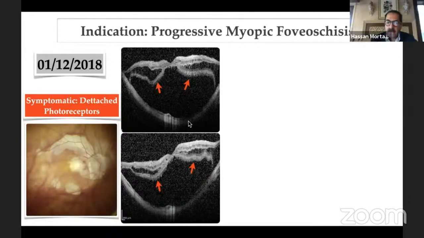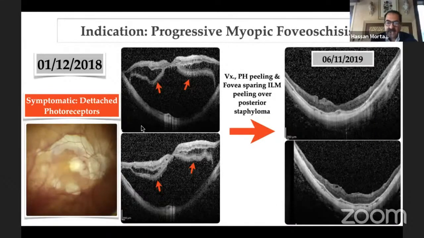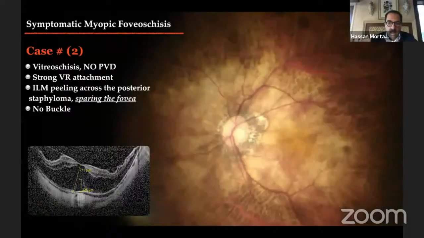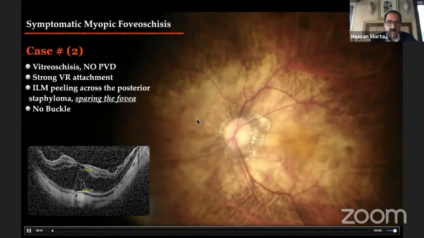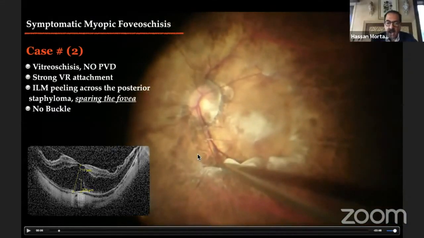So the patient presented with macular detachment and underwent vitrectomy, posterior hyaloid peeling, fovea sparing eye lamp peeling over the posterior pole, and this is an air injection, and this is the final result. So this is a patient with myopic foveal schisis, and by the way, the other eye of this patient had a myopic macular hole detachment.